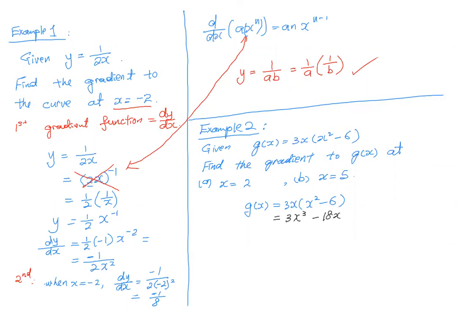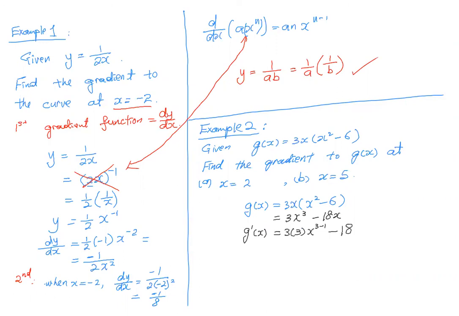Okay, so I get my g prime x, correct? Cindy, since you are there, can I have the derivative now? Wait, I wait for you. If I do it by myself, it'll be too fast for you. Yeah. 3 times 3, x to the power 3 minus 1, minus 18.